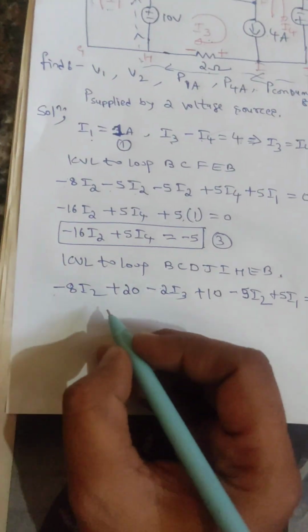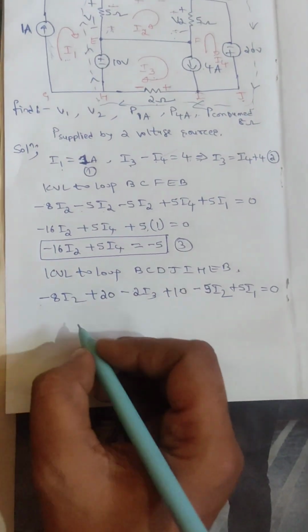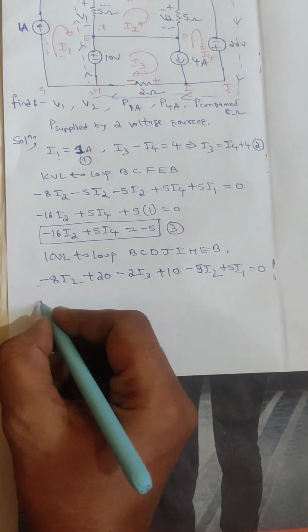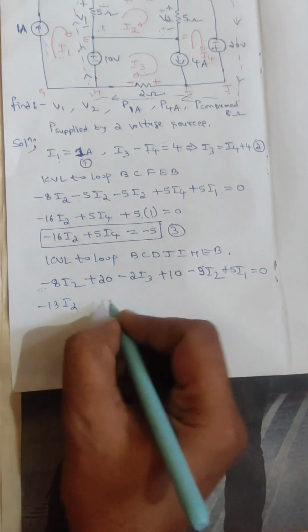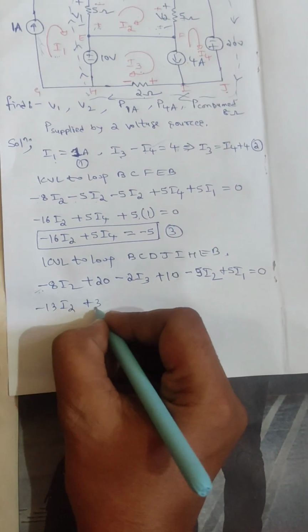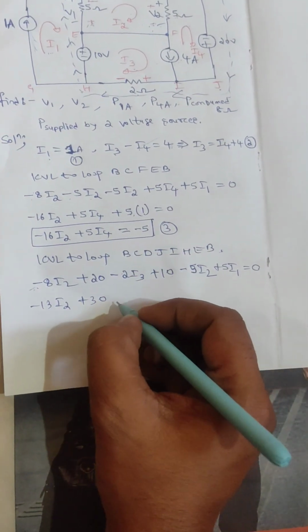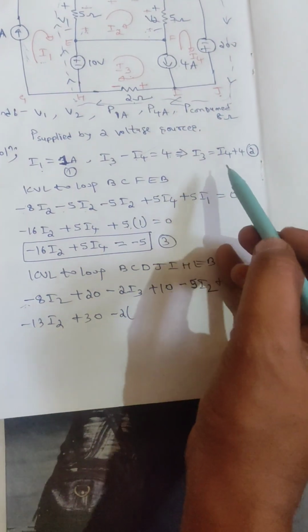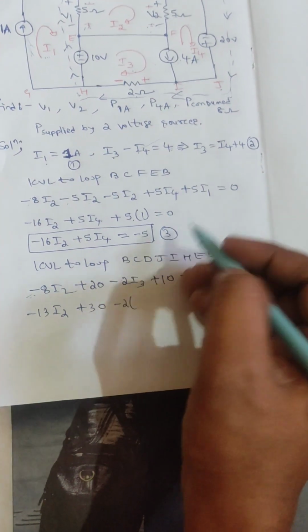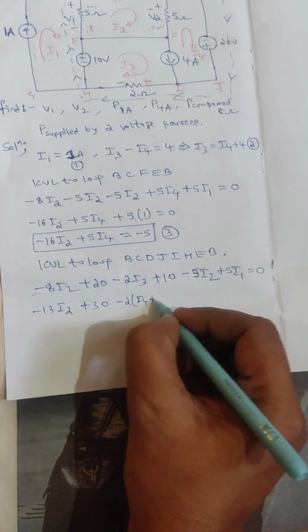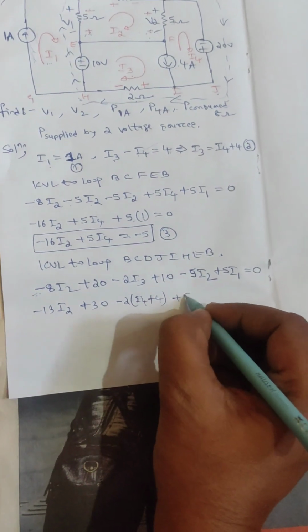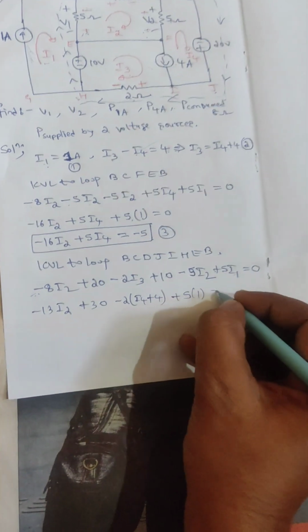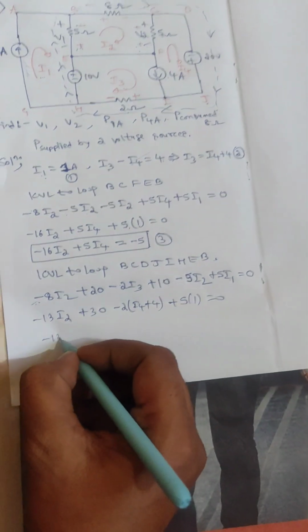Now simplify this equation, grouping all the I1 and I2 terms. How many I2 are there? Minus 8, minus 5, minus 13 I2. 20 plus 10, 30, minus 2 I3. What is I3? For I3 I am taking the equation I4 plus 4. So I3 is I4 plus 4, plus 5. What is the value of I1? 1 ampere. Now group it once again.